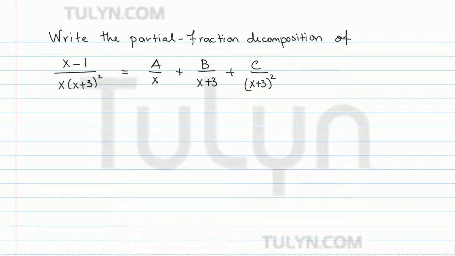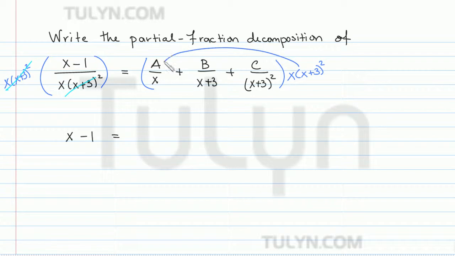So the first thing I want to do is multiply both sides of the equation by the LCD, which is x times x plus 3 squared. Now on the left side, the numerator cancels out with the denominator here, so what we're left with is just x minus 1. On the right, I'm going to distribute this LCD to each of the terms, and then I'm going to reduce later.